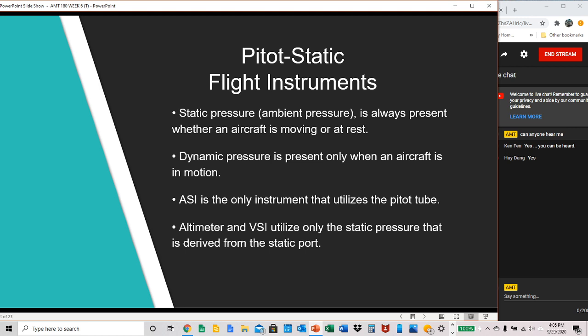Dynamic pressure is present only when an aircraft is in motion. Our ASI, our airspeed indicator, is the only instrument that utilizes the pitot tube. Our altimeter and VSI utilize only the static pressure that is derived from the static port. So the airspeed indicator is connected to our pitot system, and the altimeter and vertical speed indicator are connected to our static system.